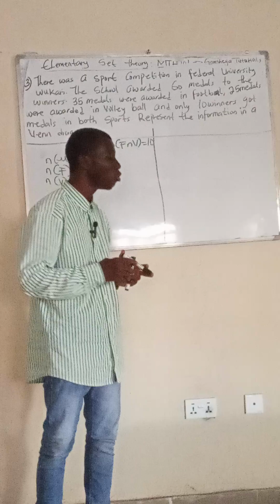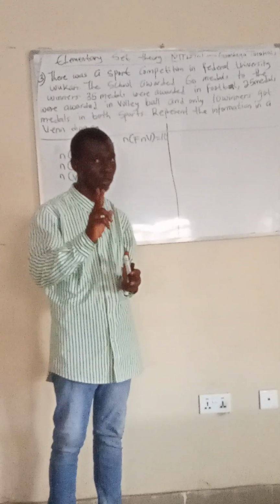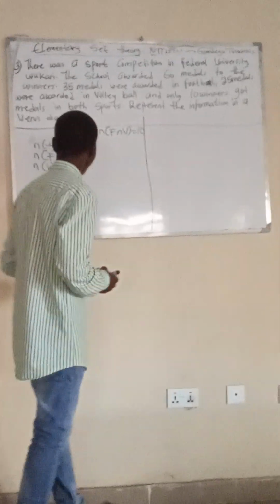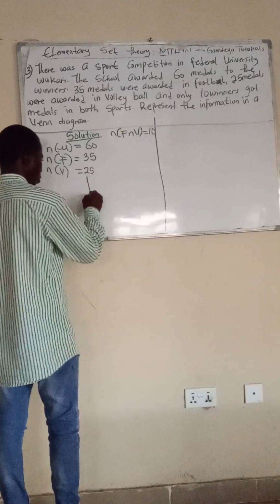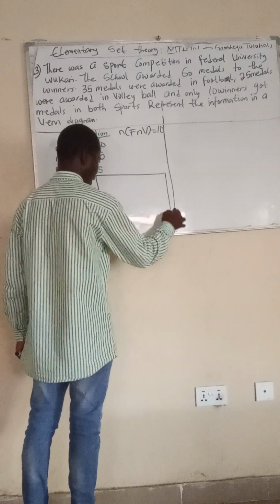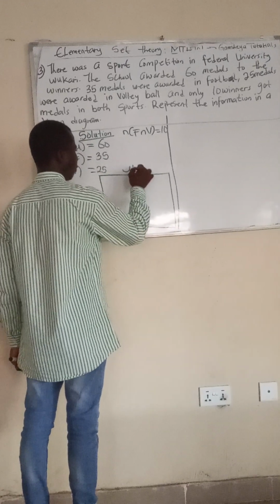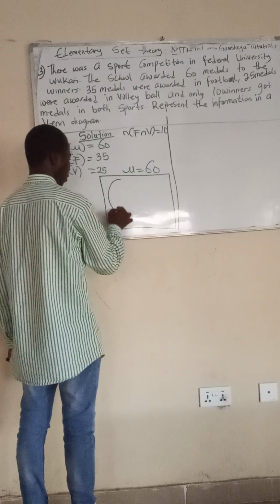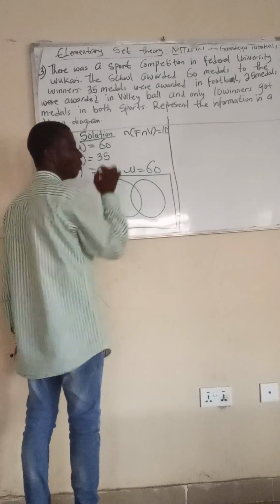Before I give a proper representation, I'll be giving two representations of a Venn diagram to explain it more clearly. Let me draw a Venn diagram here very quickly. My universal set is 60, and I have football and volleyball.